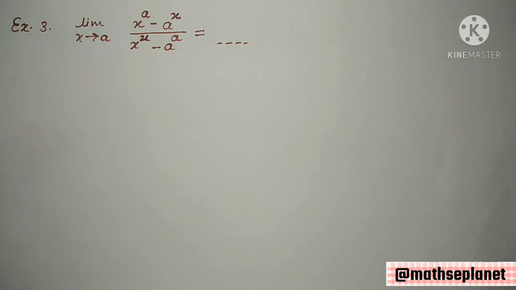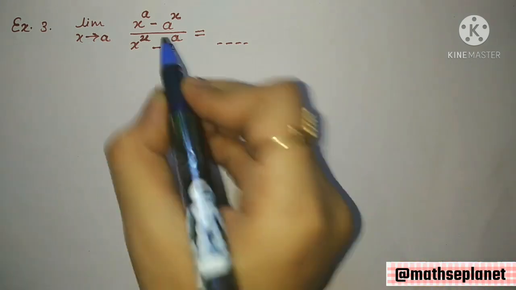First we have to put the value of the limit, and then we have to check whether we are getting 0 by 0 form or infinity by infinity form. If we are getting infinity by infinity form or 0 by 0 form, then we are going to use L'Hopital's rule. So let's check.